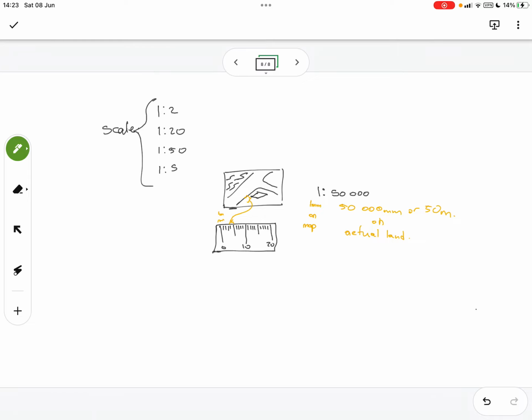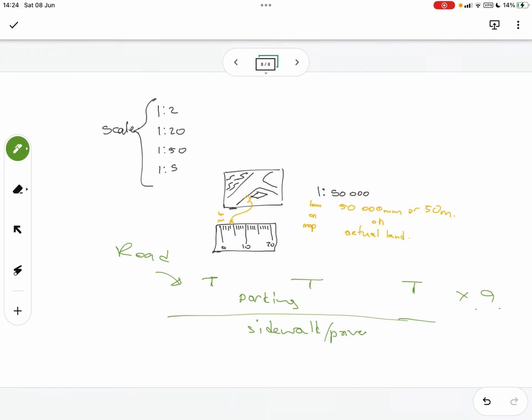So if we take the Mazda CX-3 or the Honda HR-V or the Jeep Renegade, 12 of them back to back, that's 50 meters. 9 parallel car parking spaces. So 9 of those.